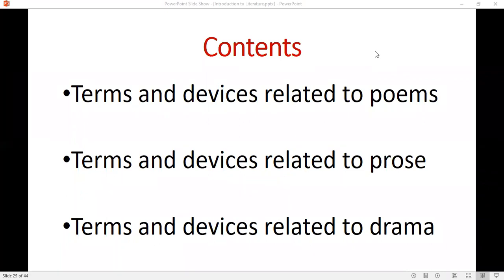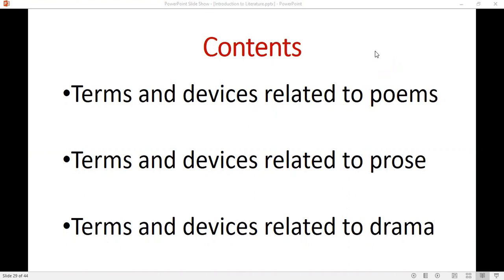Contents of my presentation: terms and devices related to poems, terms and devices related to prose, terms and devices related to drama.